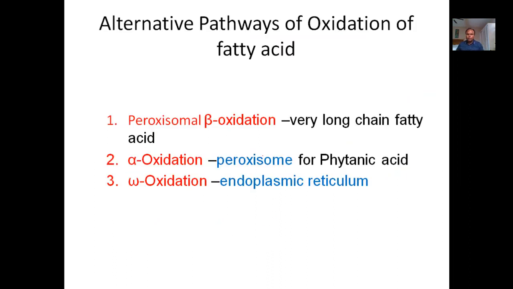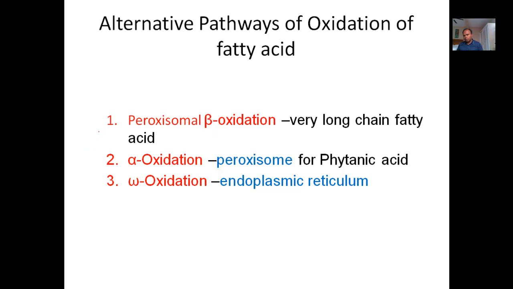Now let me talk a little bit about the alternative pathways before going to the major mitochondrial beta oxidation. These alternative pathways are very minor, and not all molecules use them. Maybe 95% of fat is oxidized through mitochondrial beta oxidation.